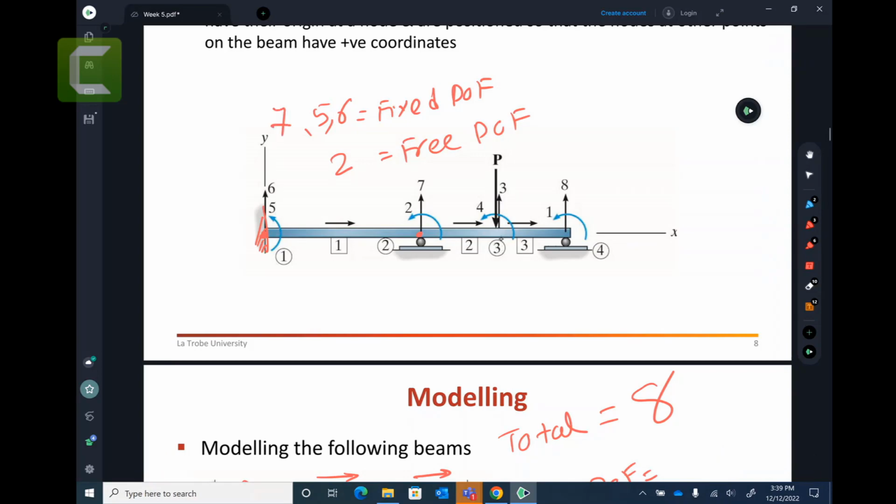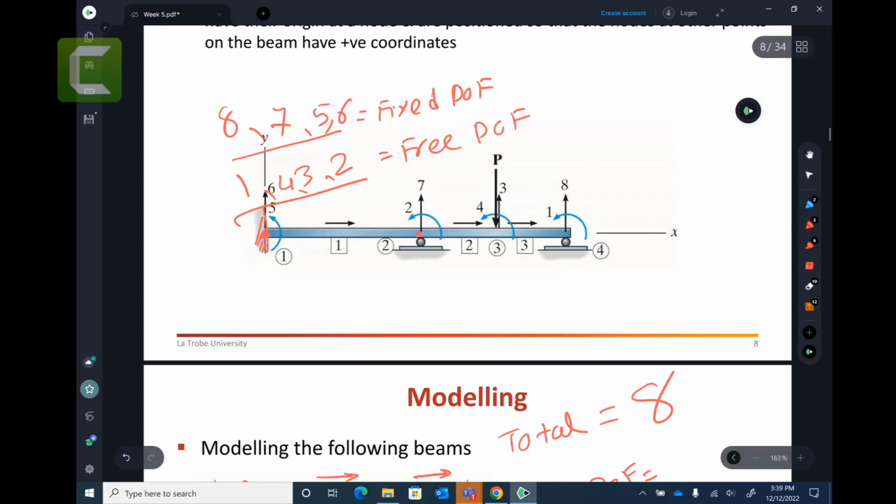In here you have both free, 3 and 4. So 3 and 4 are free. And here 8 is fixed, and 1 is here. So you can see total out of 8, I make it 4 fixed and 4 free.